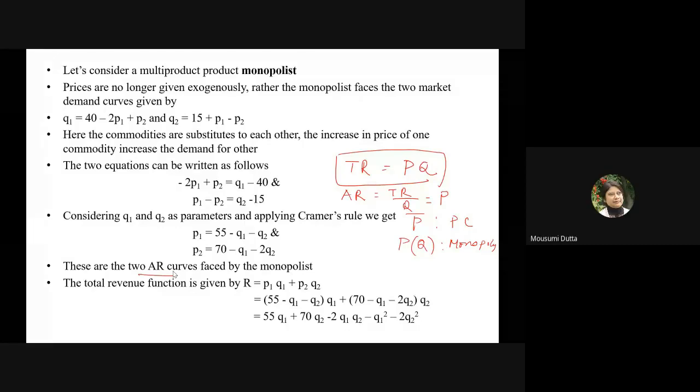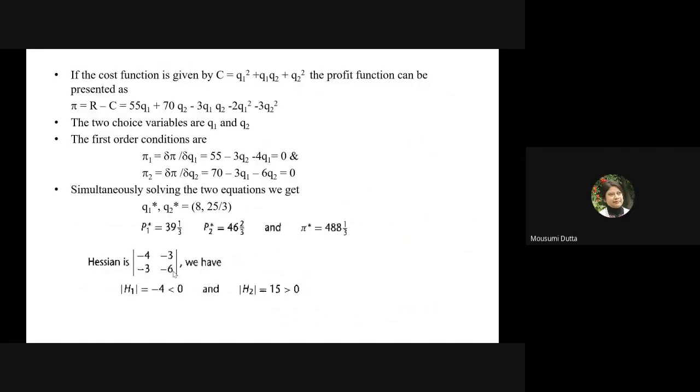So now we need a cost function, and once we get a cost function, we will be able to write the profit function. Am I right? So please write down the cost function. The cost function is given by C is equal to Q1 square plus Q1 Q2 plus Q2 square.